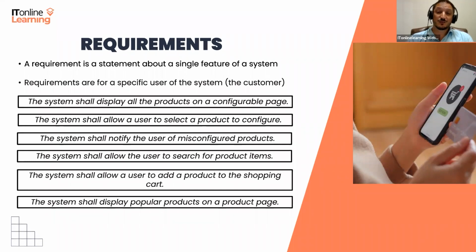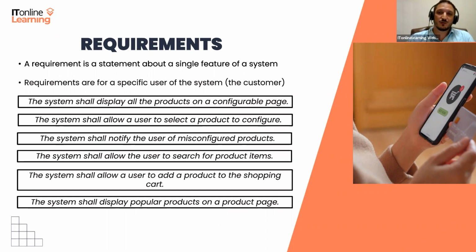So the e-commerce system itself may have defined that the products that are being sold are configurable products. So when the customer is actually selecting a product, they then may need to configure items such as the color of the product or the size or the quantity or something like that. Now, the third requirement here for the customer is the system shall notify the user of misconfigured products.